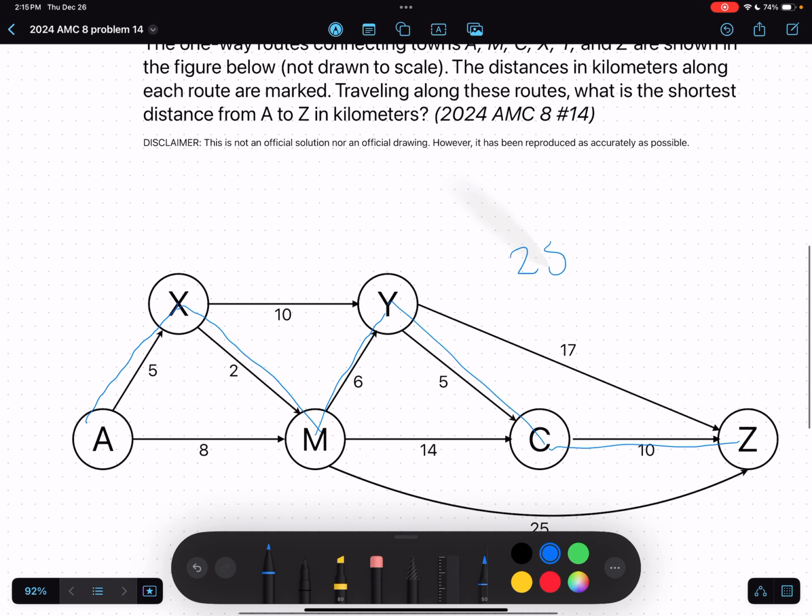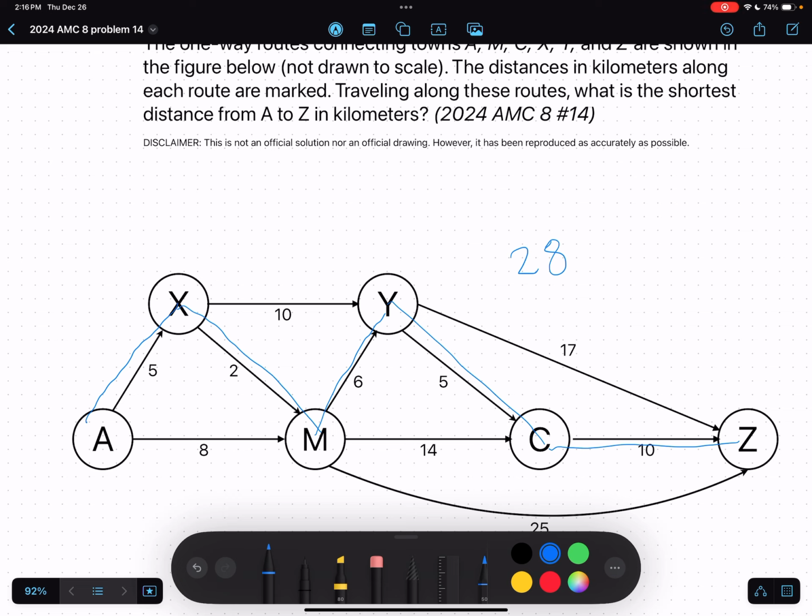If you were to try the other ones, you'd have 5, 10, 17, we already kind of did that. You would find that any of the other paths are going to be longer than 28. Also, if you wanted to bypass that checking process entirely, you could have just looked at the answer choices, which are 28, 29, 30, 31, and 32, and seen that 28 is the smallest one.